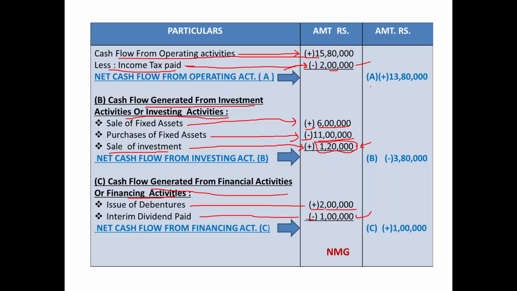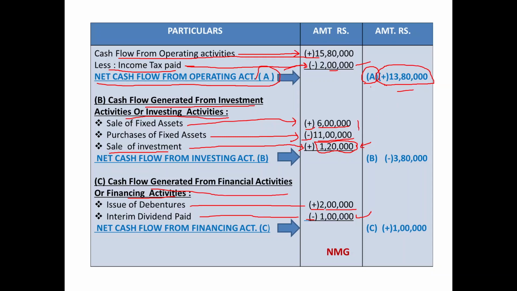That gives the final answer. Net cash flow from operating activities A, once again because we have to use it again later, plus 13 lakh 80,000. Net cash flow from operating activities A plus 13 lakh 80,000.